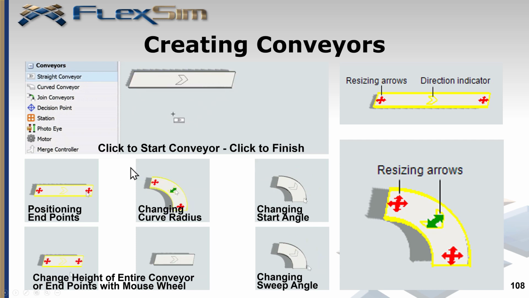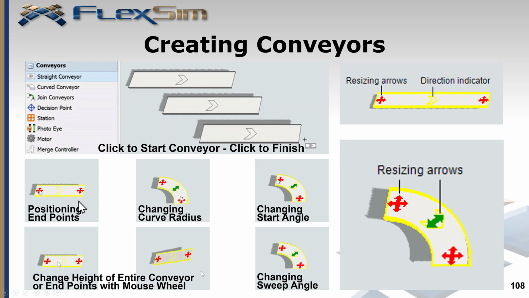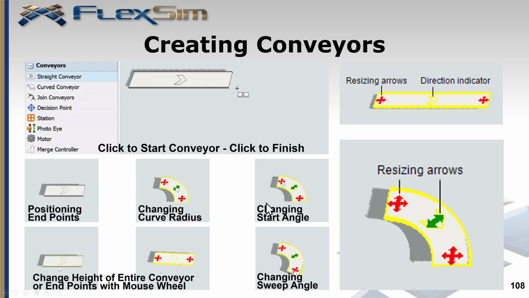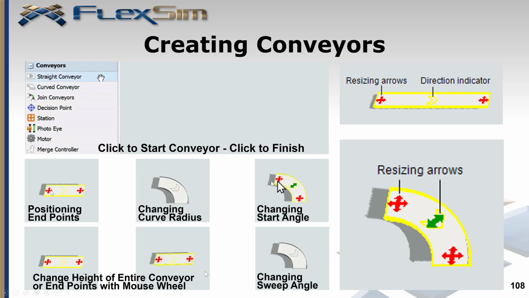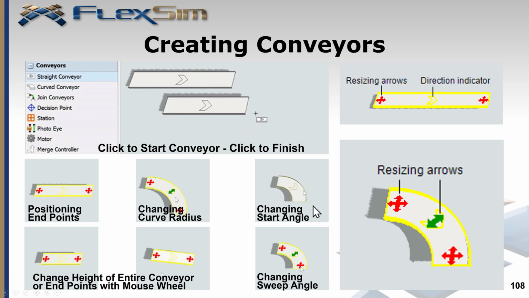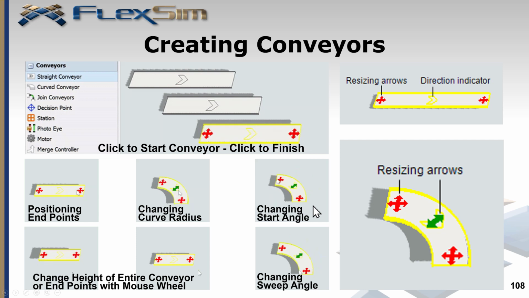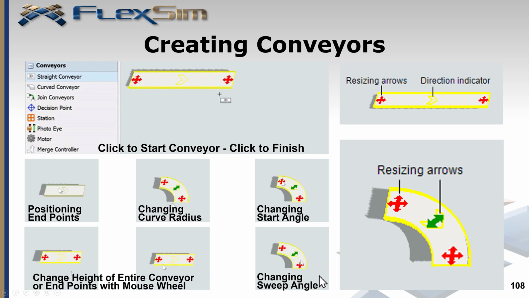This is repositioning the endpoints of a straight conveyor. On a curved conveyor, the start end will change the starting angle of the conveyor, and the end point will change the sweep angle, as shown down here in this graphic.